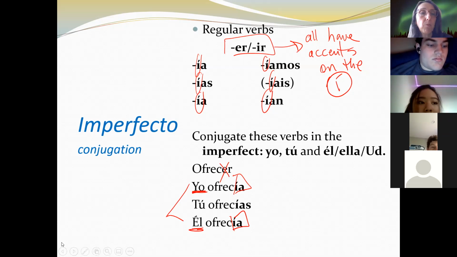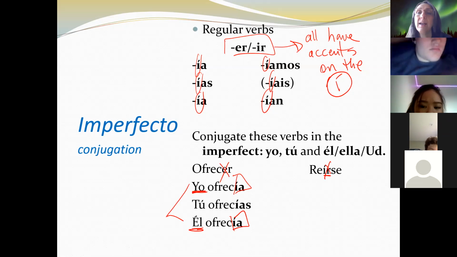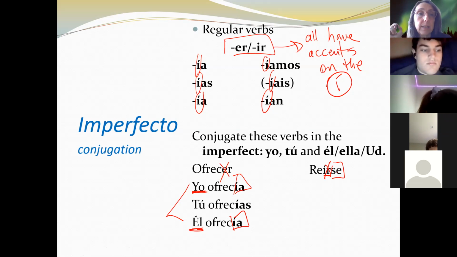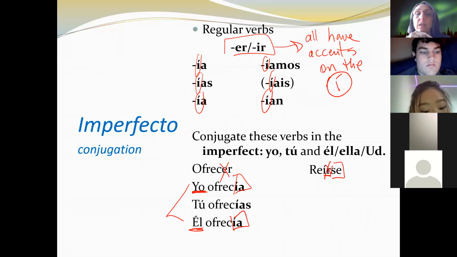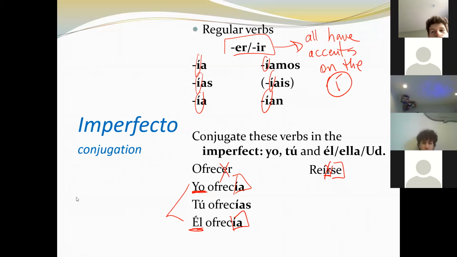Okay, the next verb that we are going to work with is an IR verb here, right? An IR, but it is a reflexive also. It's the verb reírse, and it's from the vocab meaning to laugh. To laugh. So I am going to ask, let me see here.